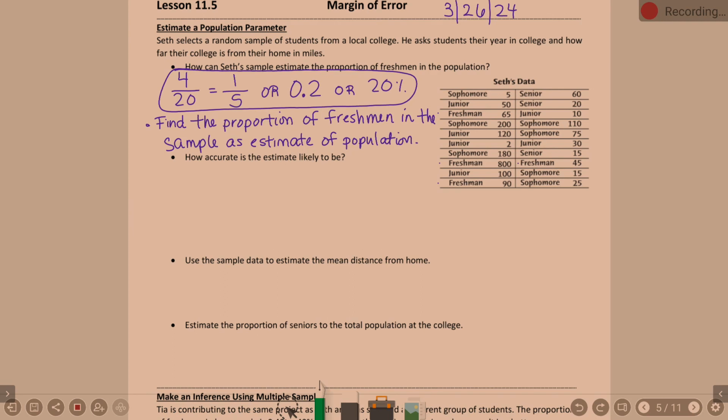Okay. Why are we thinking it's not accurate? Because on this sample he could have 4 freshmen, but on another sample he could have 10. Okay, and what does that relate to? That relates to location. How did he get his sample? What was his location? Did he question friends? Did he question random people?